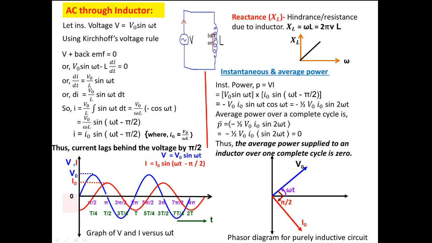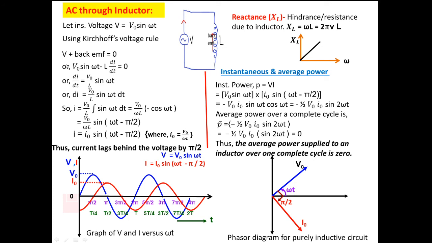Again, if we use Kirchhoff's rule in this closed loop, the instantaneous applied voltage and back EMF must sum to 0. Now what is the back EMF? We know it is minus L di by dt.